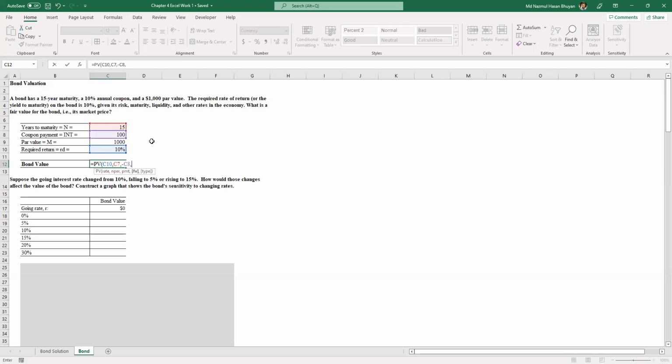Remember, if you invest in a bond, then you pay the price right now, and then you are going to receive coupon and then principal whenever they come due. Now, from the issuer's perspective, this coupon payment and principal payment are cash outflow. So we are going to use negative sign here for coupon and for face value or principal value of the bond.